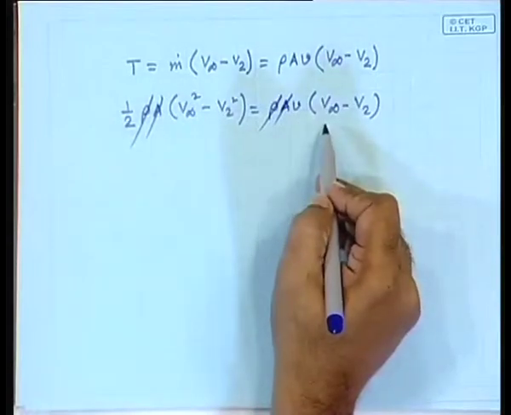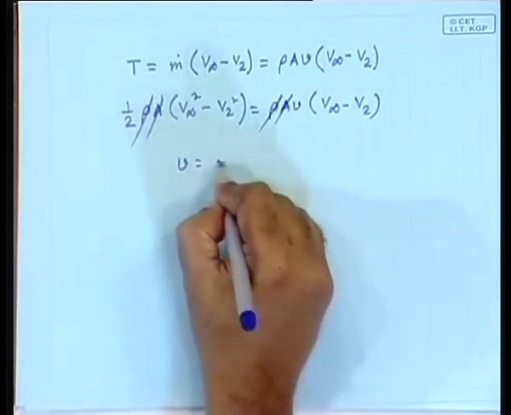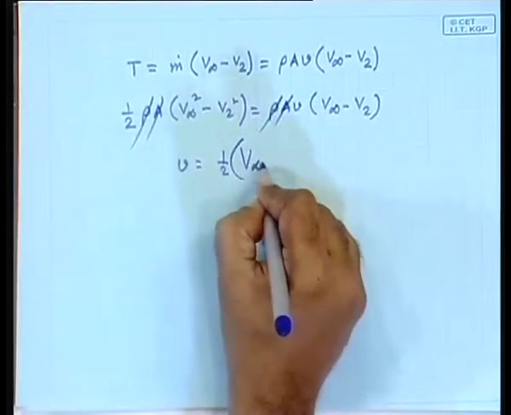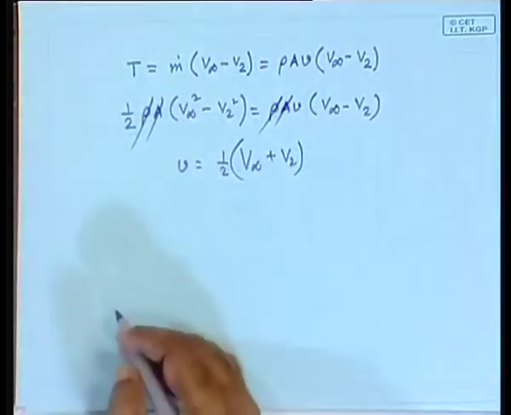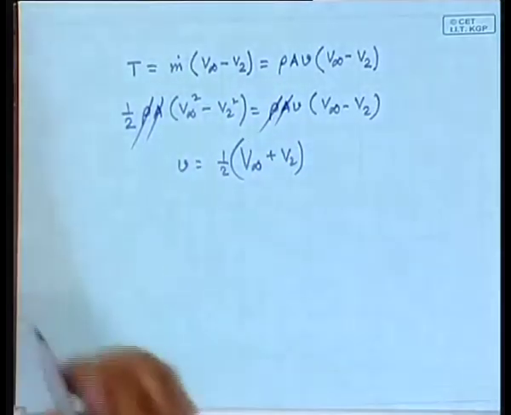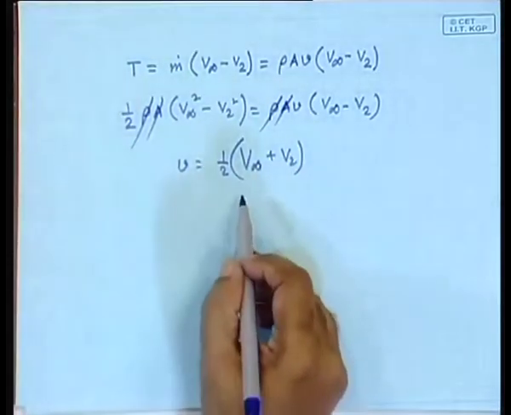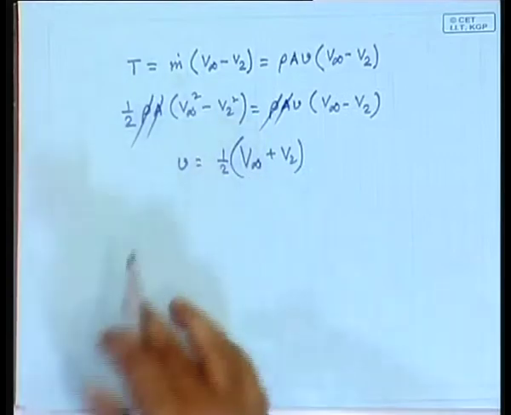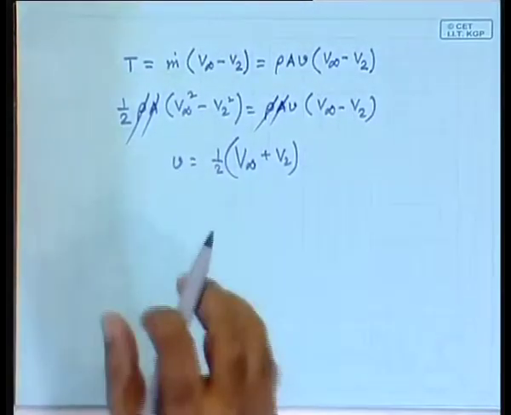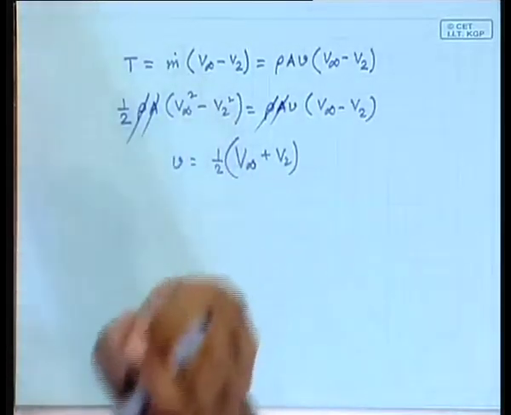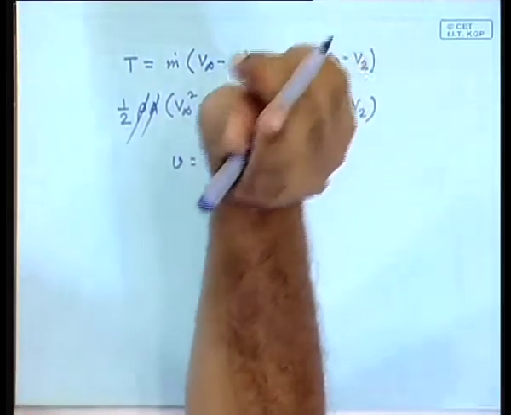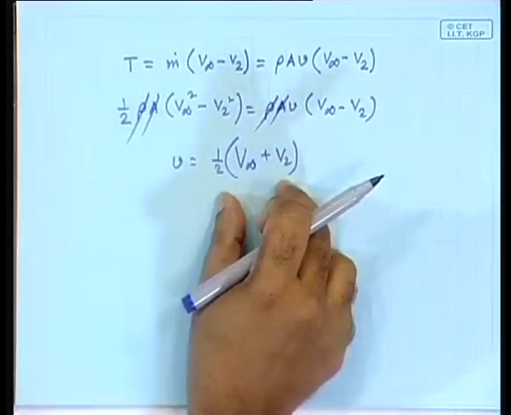So, what do you get? This was not evident right in the beginning. Something additional we have obtained: the velocity when it passes through the wind turbine should be the average of the velocity at infinite distance before and at infinite distance after. This is a somewhat strong result we have obtained. Good, we will use this.